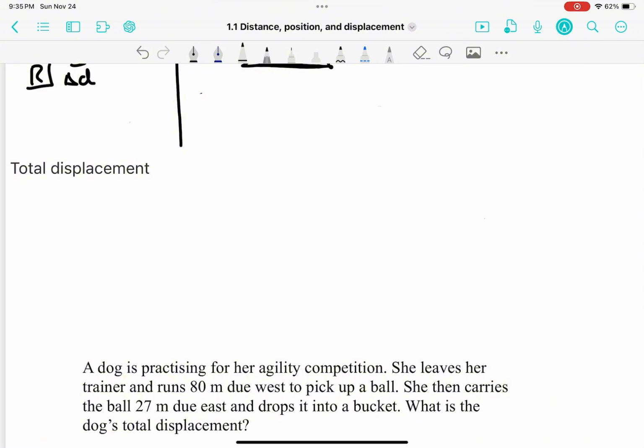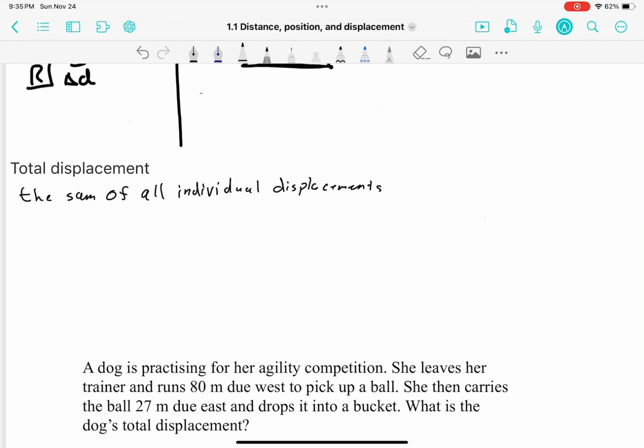The next thing we're going to talk about is total displacement. Total displacement is basically the sum of all individual displacements.